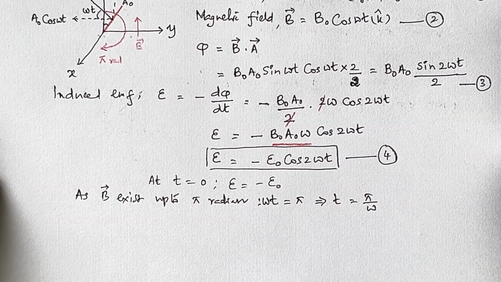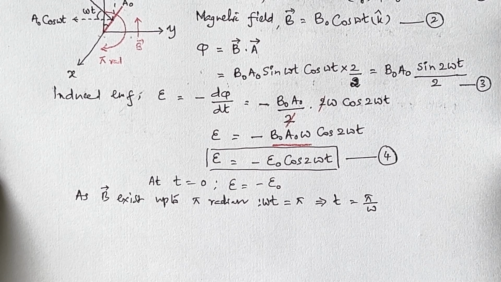So this magnetic field exists only from t is equal to 0 to t is equal to pi by omega. So our EMF is also induced only between t is equal to 0 and t is equal to pi by omega.